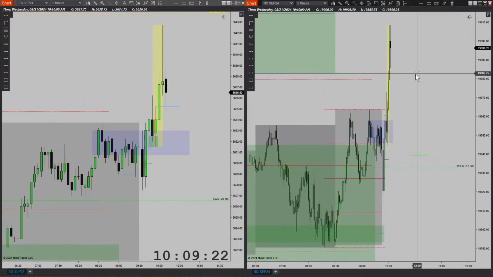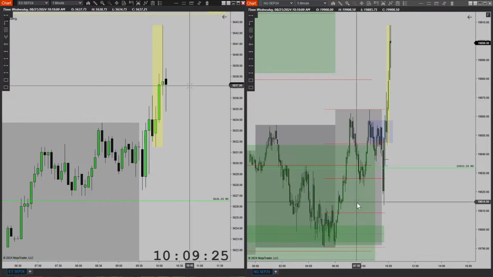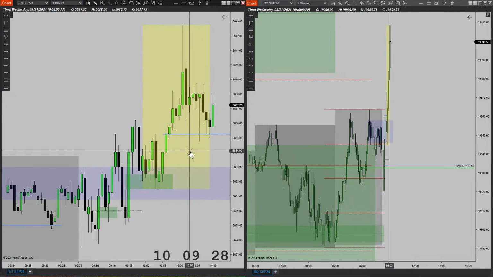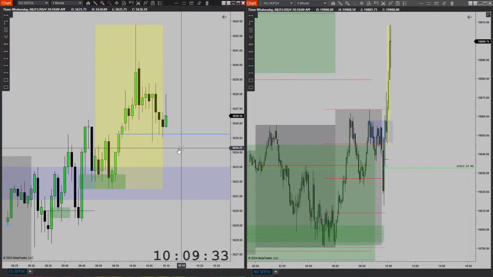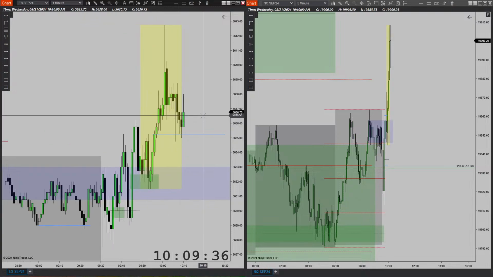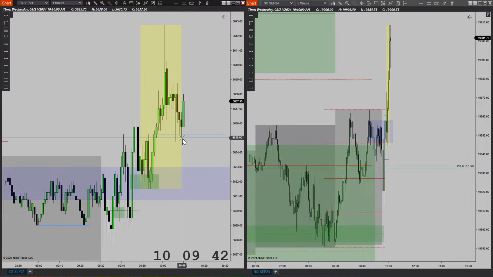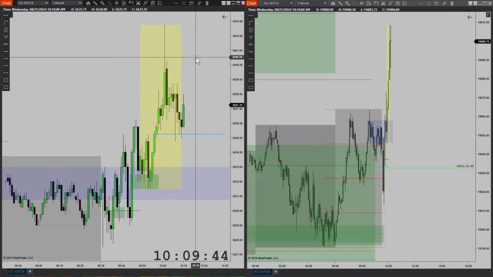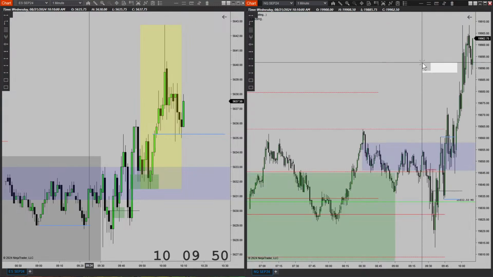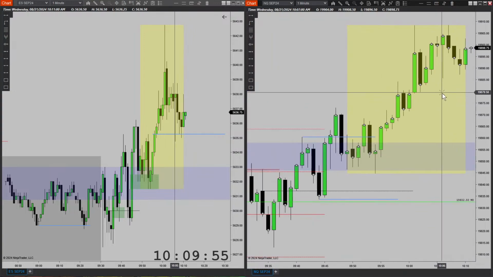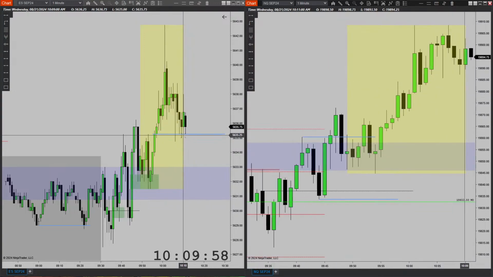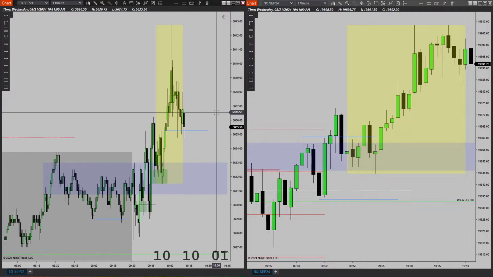Let's take a look at the 1 minute again. I'm not going to take it anymore, but what I will do is look for a simulation trade. Looks like I won't get it. It already happened here. SMT at these lows here. Let's just watch.